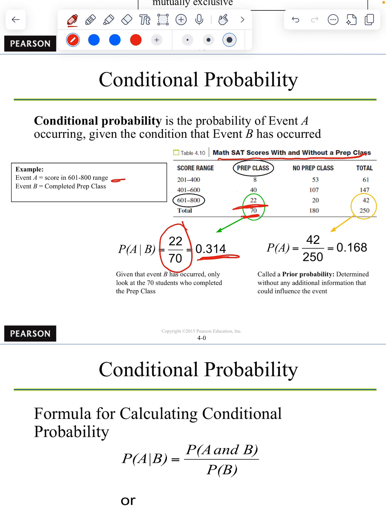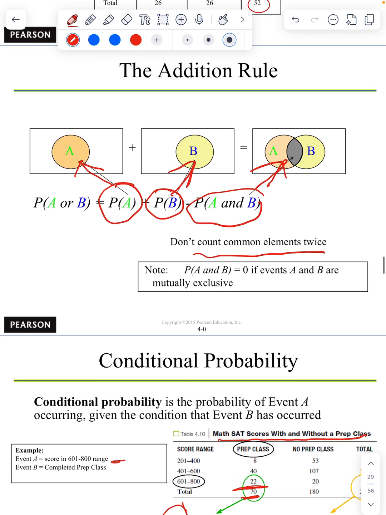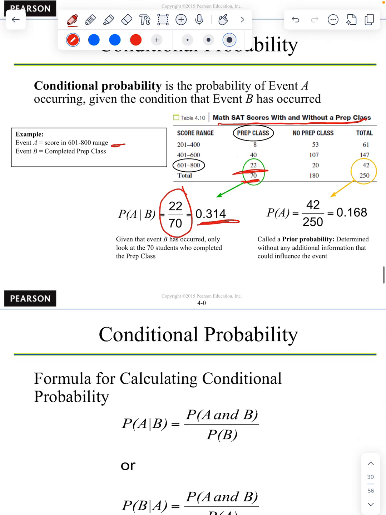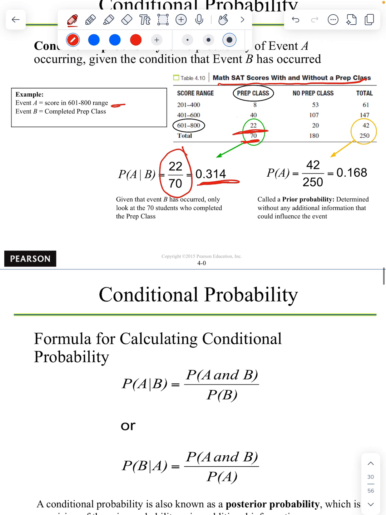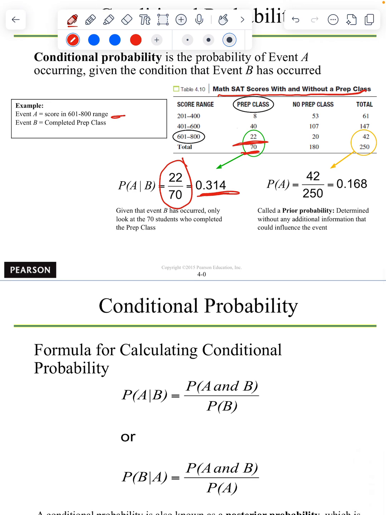If I looked at how many total took the SAT and fell in the 600 to 800 range, I had 42 out of 250 students that scored in the 601 to 800 range on the SAT.